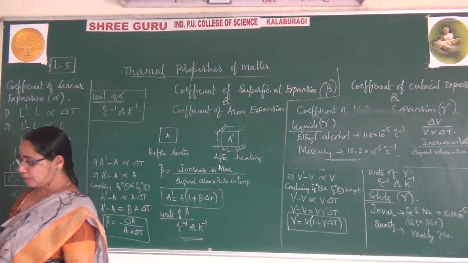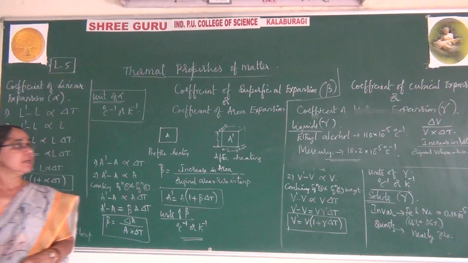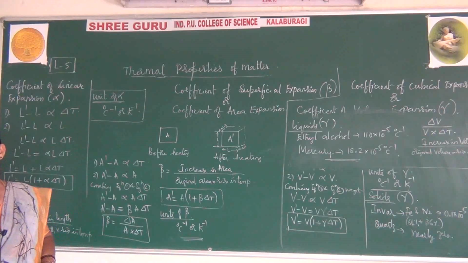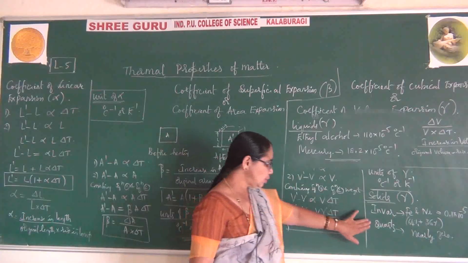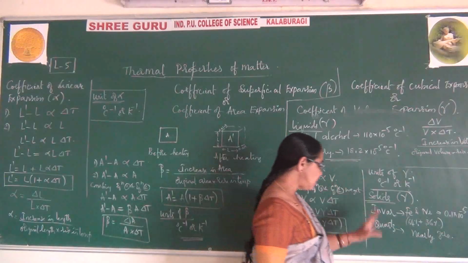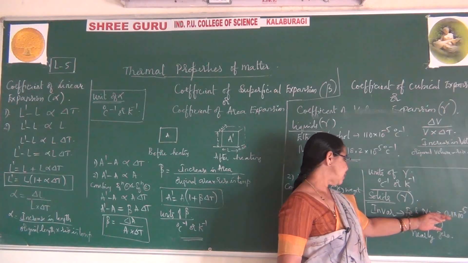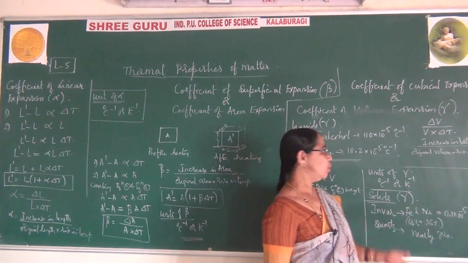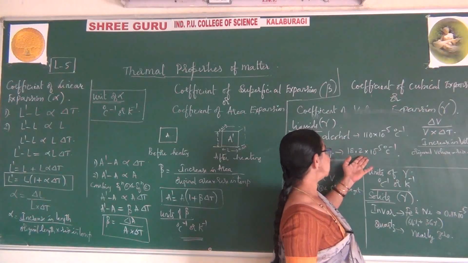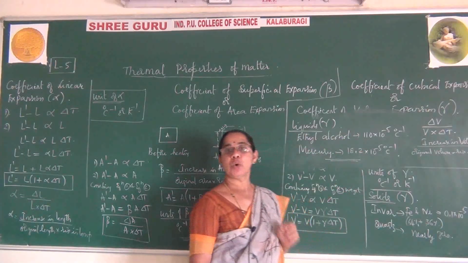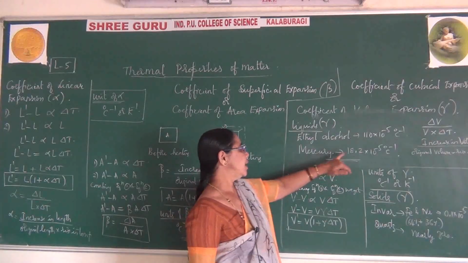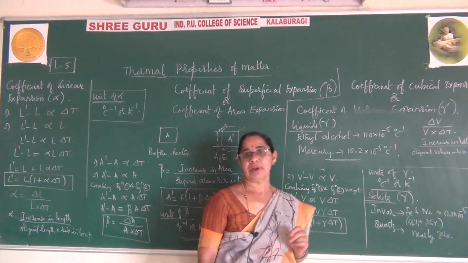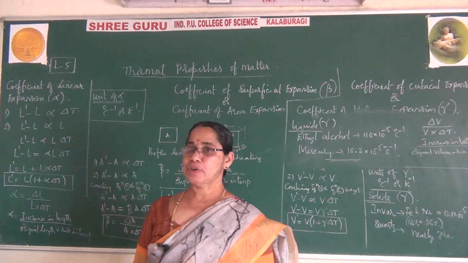This is the coefficient of volume expansion for liquids. Now observe solids for the same rise in temperature: the coefficient of expansion in invar material is nearly about 0. But for liquids, alcohol shows 110 into 10 raised to minus 5 per degree centigrade, and mercury 18.2 into 10 raised to minus 5 per degree centigrade. So today we have learnt the three types of expansions.